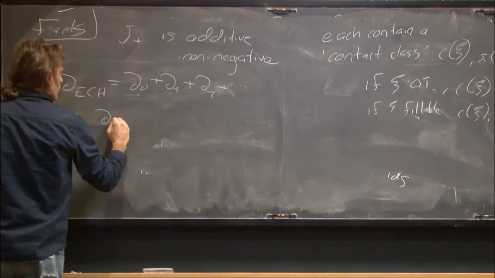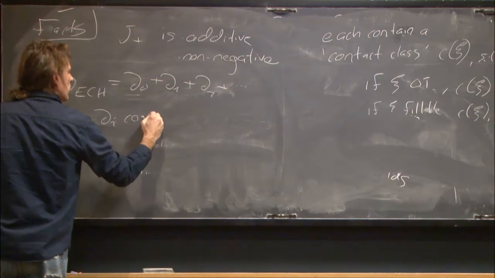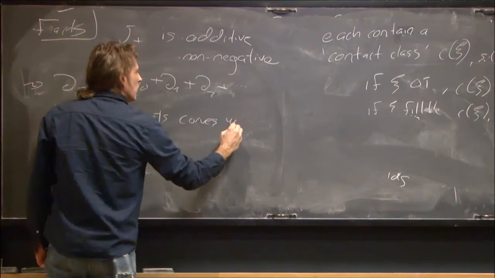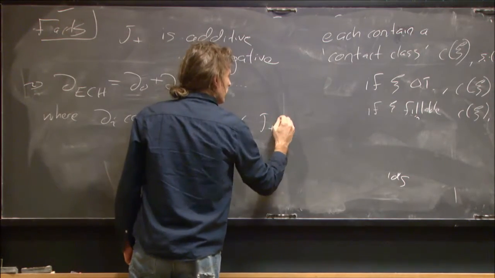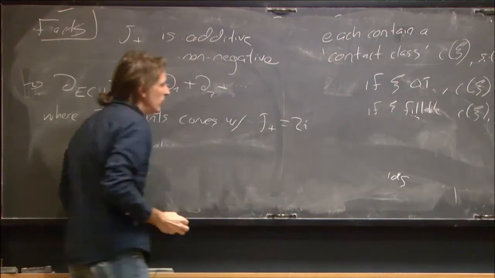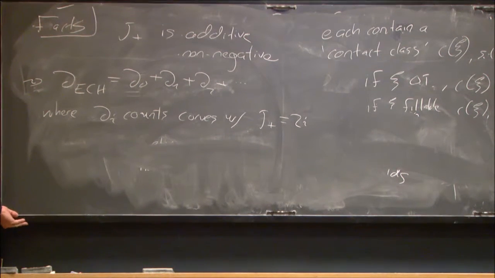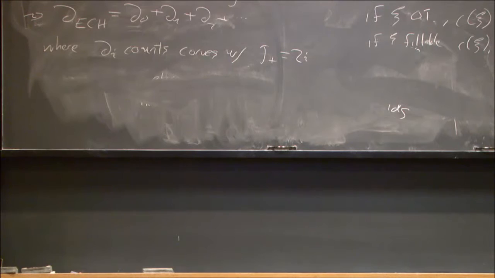So we'll say boundary I counts curves whose J plus is 2I. J plus is always even for whatever reason. Well, what else?